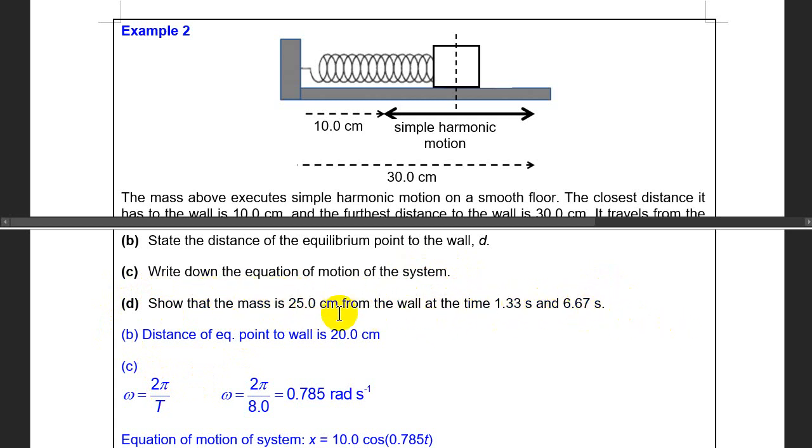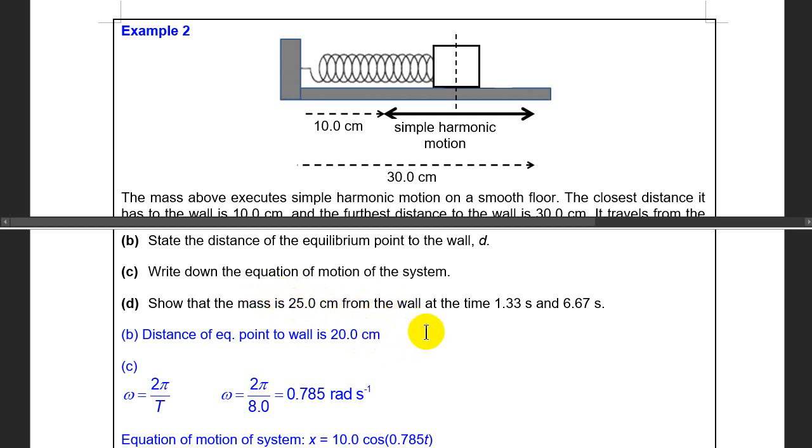Is it that we are given this value and then show that the corresponding time is this and this? Or is it that we are given these two times and then we find out that at these two times the corresponding distance is 25 cm?